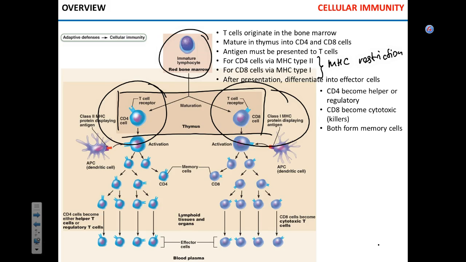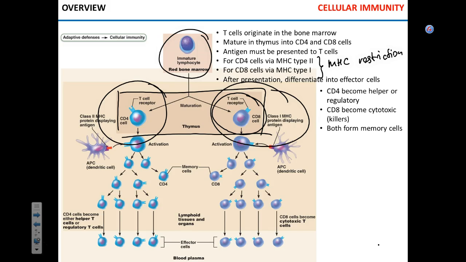which means that CD8 cells recognize sick cells via MHC class 1. So they recognize MHC class 1 molecules. What does that mean in terms of the spectrum of recognition? CD8 cell, which cells can it recognize as being infected?